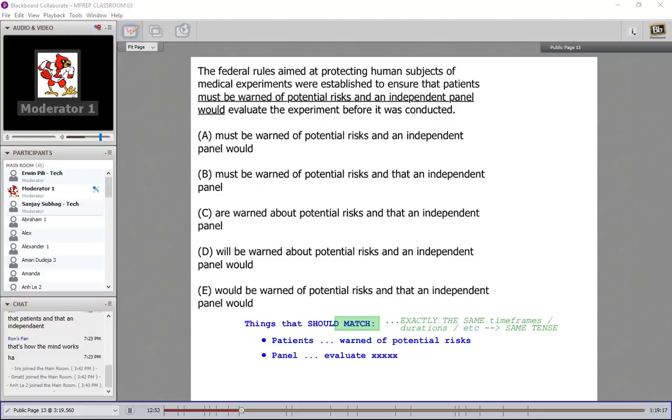If you have anything in a sentence happening in the same time frame, it's going to get the same tense. So let's look at what we got. If you have this, those don't match. Must be and would. Those are non-parallel. Nope, strike it.